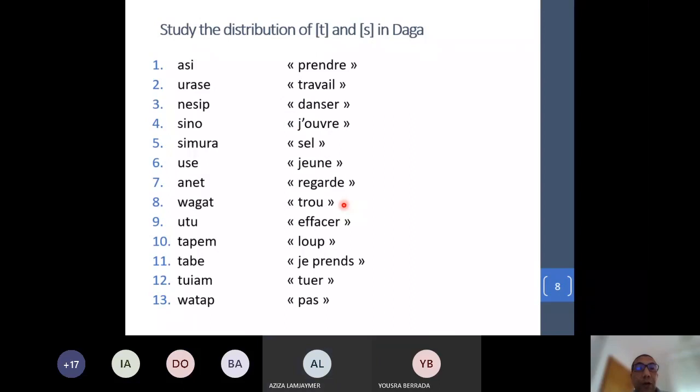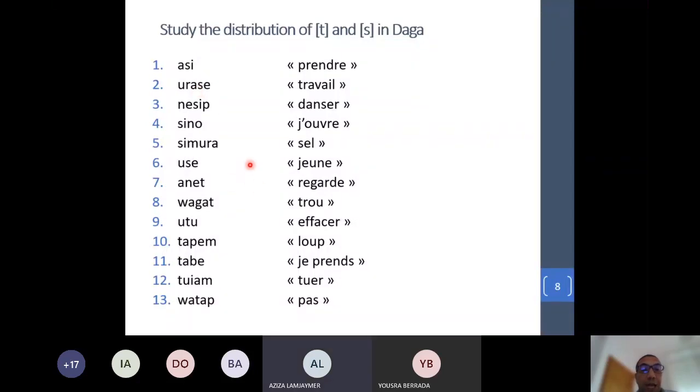Let's move on now to another data set from the language Daga, and here again we should study the distribution of the two sounds t and s. So we're going to try the method. First, try to see if there are minimal pairs.